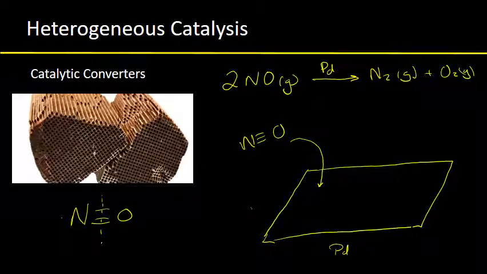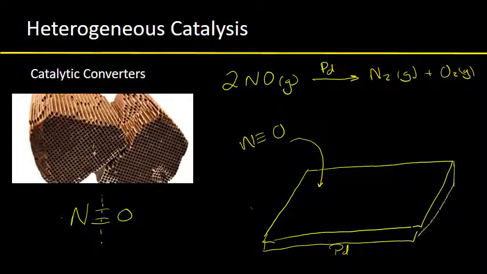But when these come down and interact with these little bits of palladium metal in that honeycomb structure, as the nitric oxide reacts with the palladium and adsorbs on it, it begins to form a little bit of a bond with the palladium surface, and as it forms that bond, the bond between the nitrogen and the oxygen weakens.